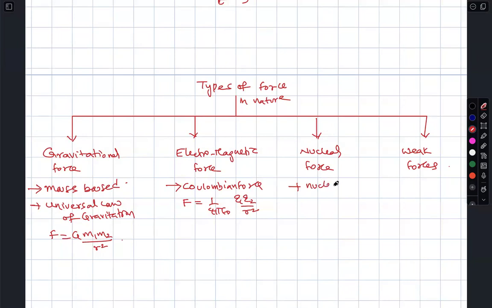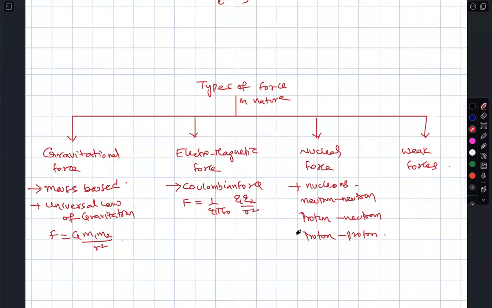Next, the other force, nuclear force. Between the nucleons, neutron, proton, proton. Whatever force that comes under nuclear force. Basically, this works only inside the nucleus.